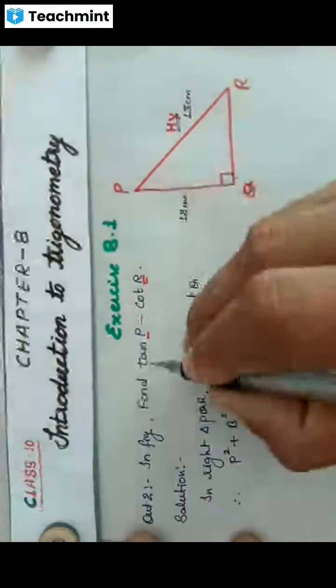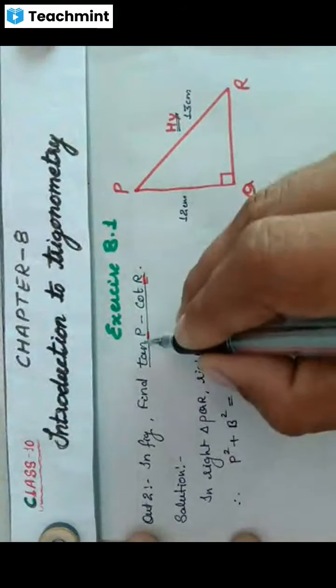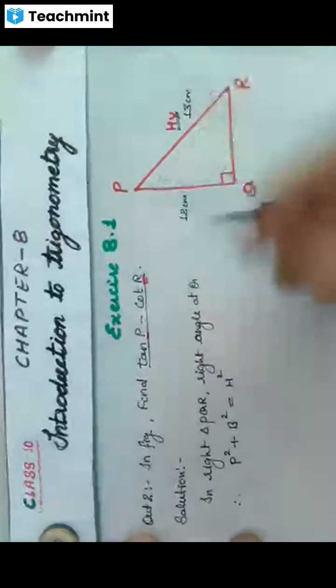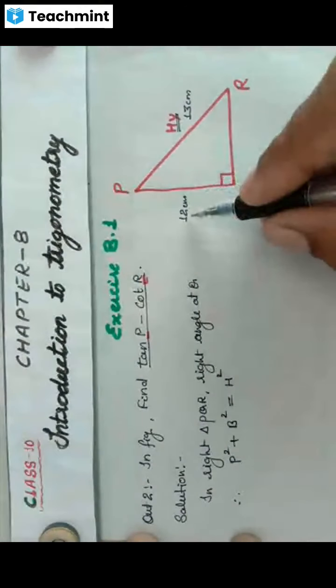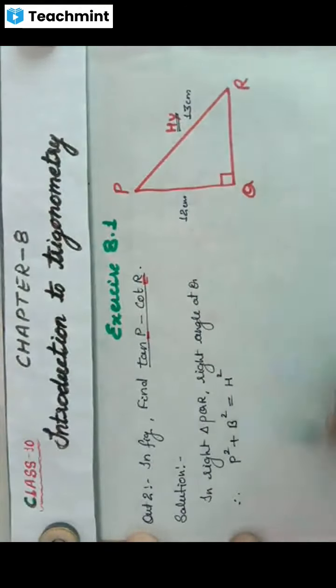Only when we find tan P and cot R will we consider theta as P and theta as R. Still we are considering the figure only. On the basis of the figure, perpendicular is 12, base is not given, hypotenuse is 13.